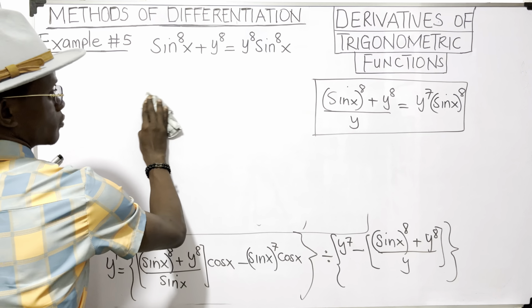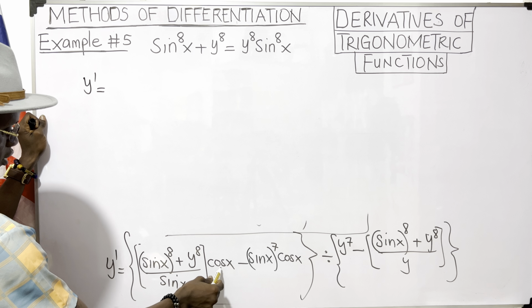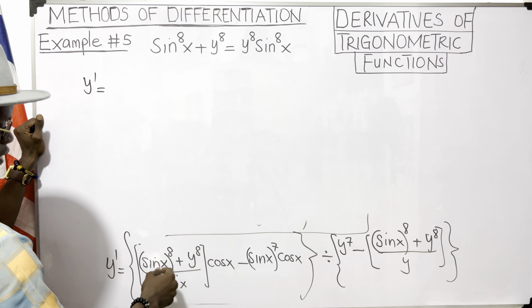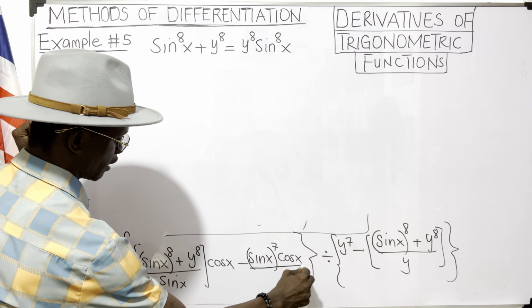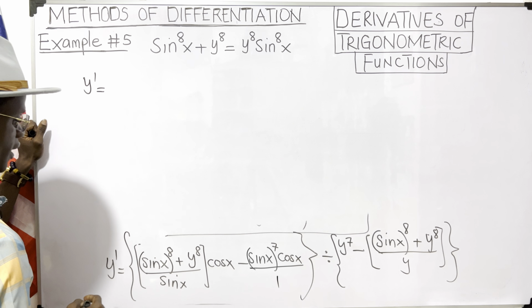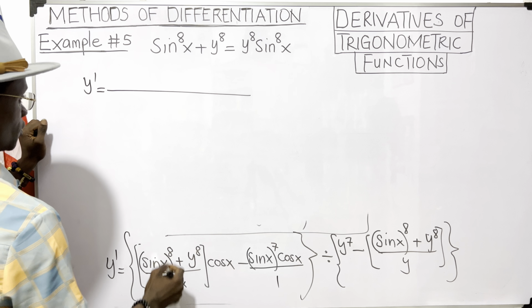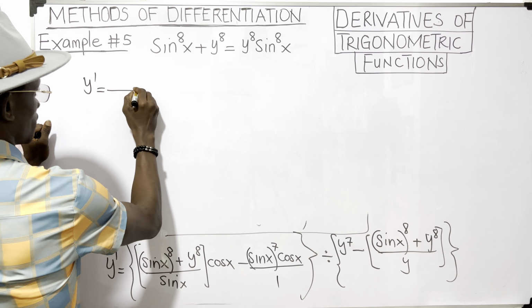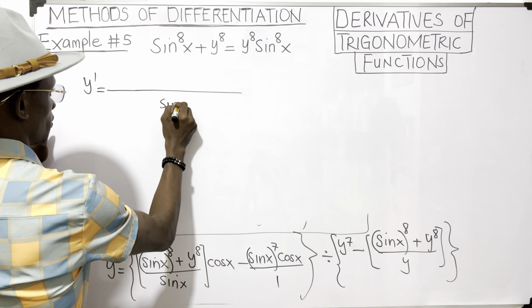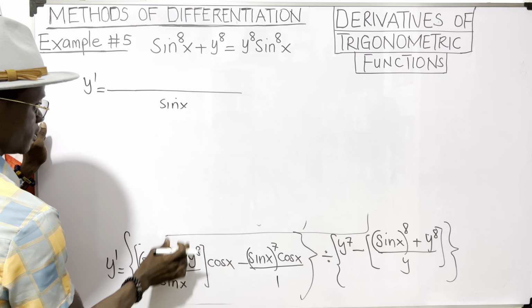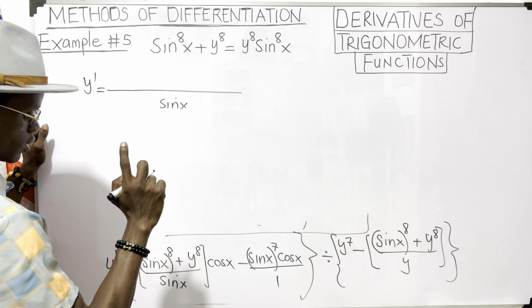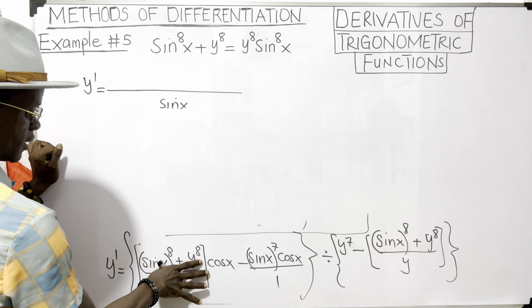So we have y prime to be equal to. So this cos of x can be multiplied with the numerator. Remember now you have 1 right there. So we can find the LCD for the two of them. So it's just sine of x. So sine of x into sine of x is just, it goes there one time. So it's times this one.